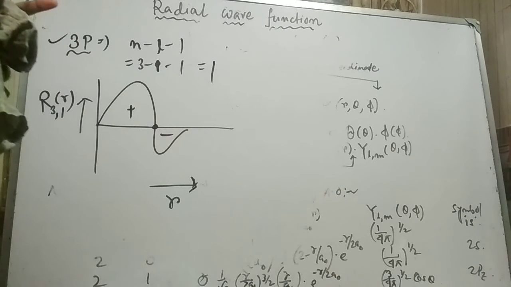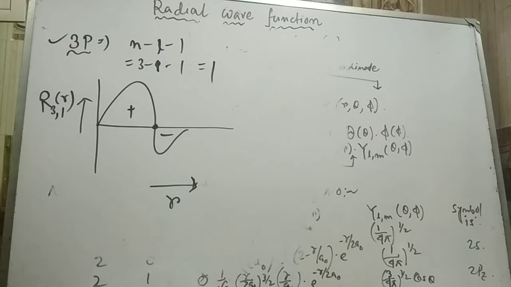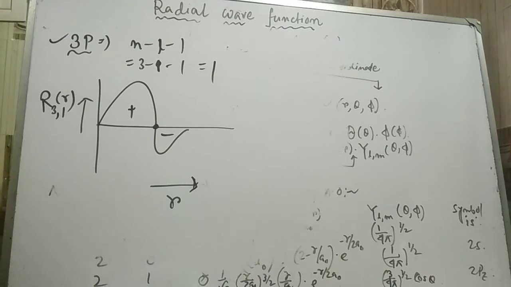It is very important when we draw the curve for the radial wave function: firstly, calculate the number of nodes, and secondly, the curve starts from the origin in the case of p, d and f atomic orbitals, while it cannot start from the origin in the case of s atomic orbitals. Now we will discuss the radial probability distribution.